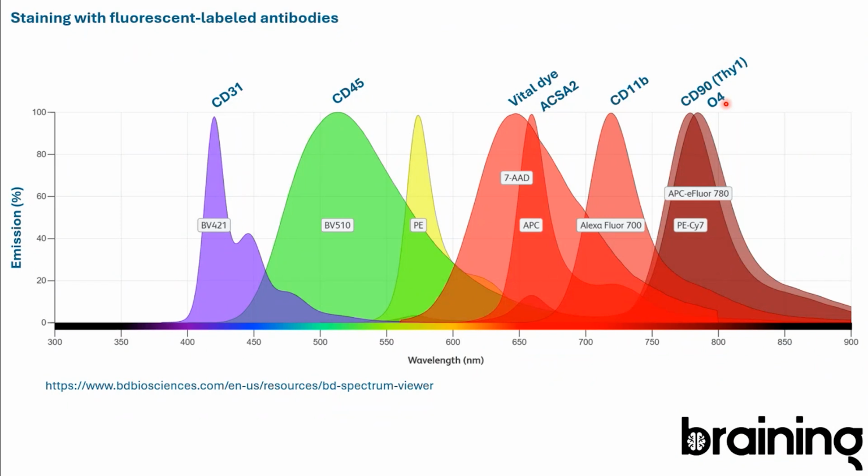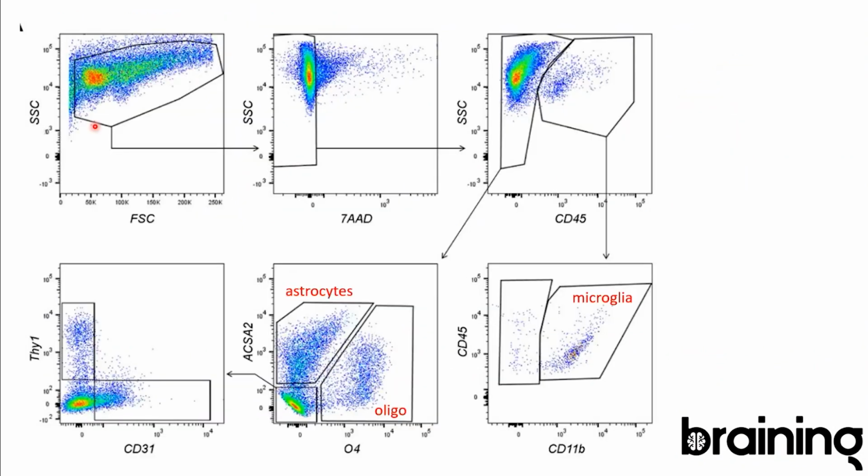At the end of the day, after you apply this multiparametric analysis, what you end up with is a strategy that allows you, very rapidly after you sacrifice the mice, in half an hour of incubation plus centrifugation, to run this sample in the FACS and retrieve information on the presence of microglia, lymphocytes, oligodendrocytes, astrocytes, neurons and endothelial cells.